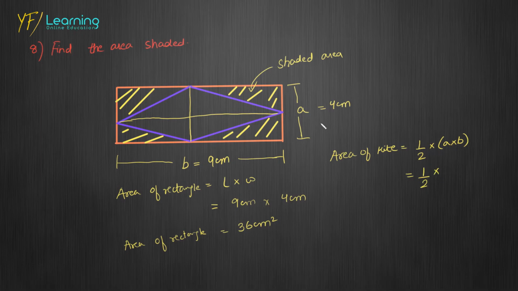So diagonal lengths are A is 4 centimeter, this is A, and it is 4 centimeter, times B, this one is B, and it is 9 centimeter.